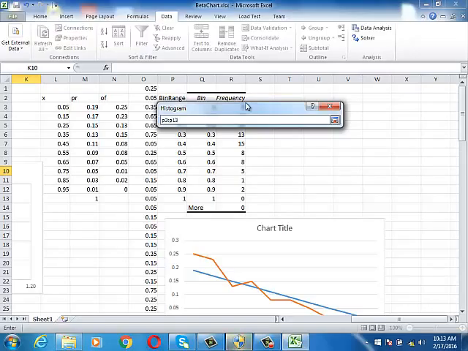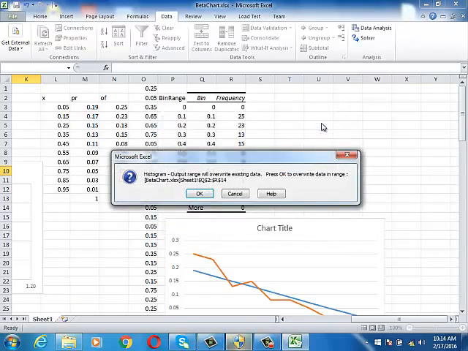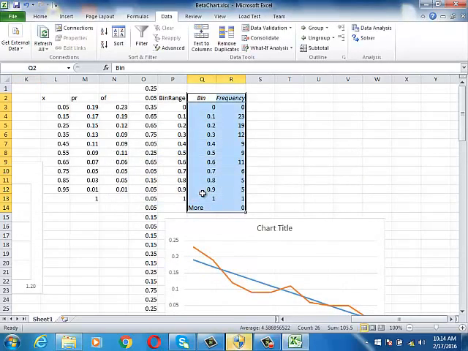Okay, so that's my bin range. And output range is going to be Q1, okay? Yeah, Q2. Yes, I will overwrite the data. Okay, go ahead.